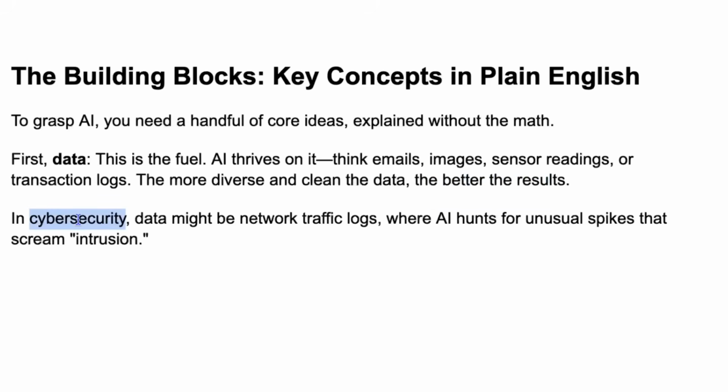In cybersecurity specifically, data could be network traffic logs, and the AI will hunt for unusual spikes that scream intrusion, right? Inside of network traffic, or really inside of any kind of logs inside of computing, there's something called a baseline, which is normal activity. And anything that falls outside of that normal activity is something that can generate an alert.